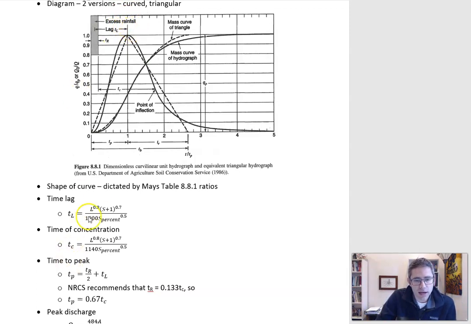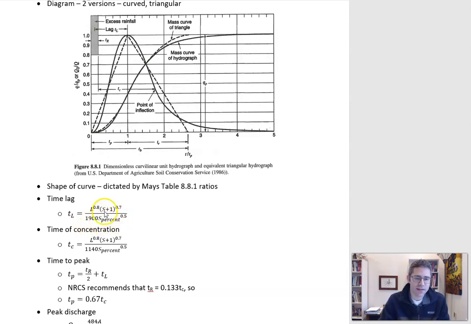So T sub L, how do we calculate that? That's this equation down here. It's L to the 0.8 power. L is the maximum length of flow in the basin. Whatever my watershed looks like, the maximum length from where the rainfall occurs all the way to where I'm measuring. That's L. 0.8 power times S, we know S already, the soil storage capacity, plus 1 to the 0.7, divided by 1900 times S percent.